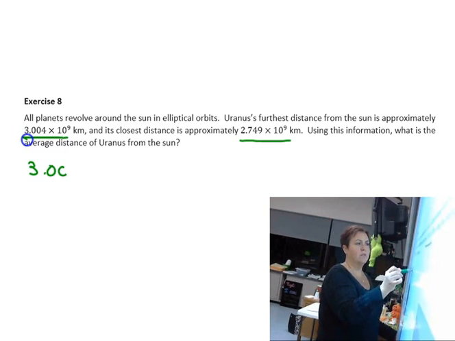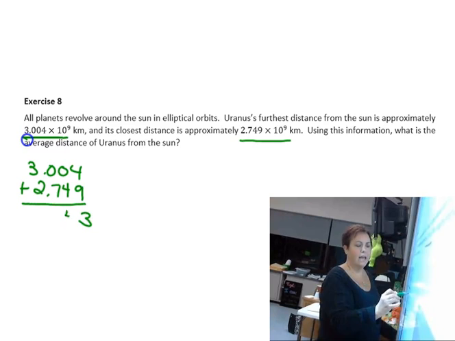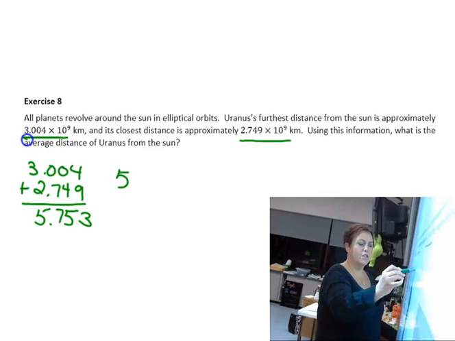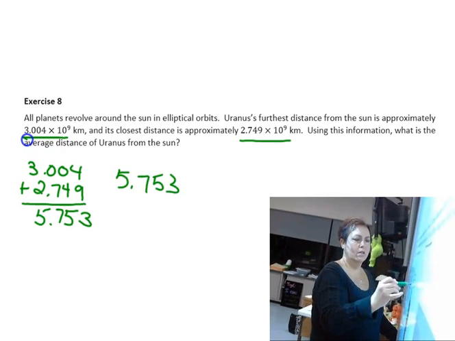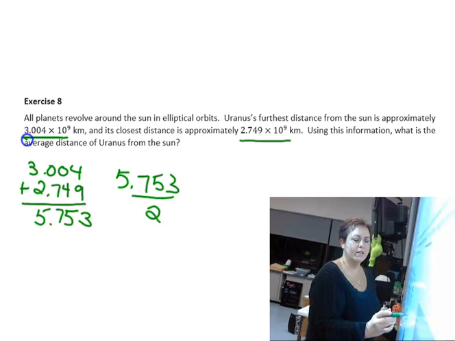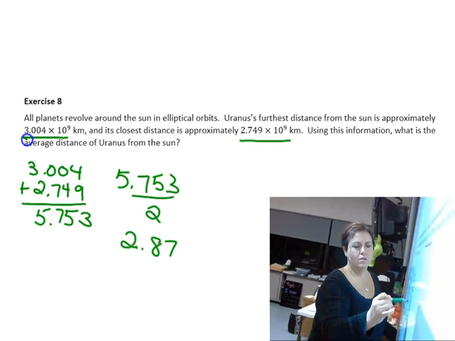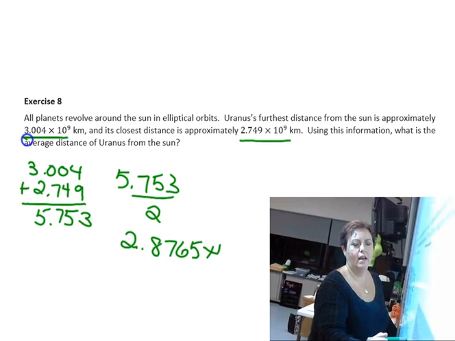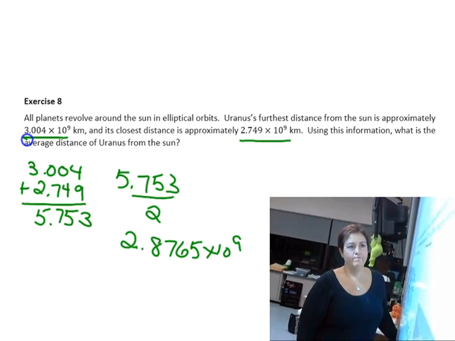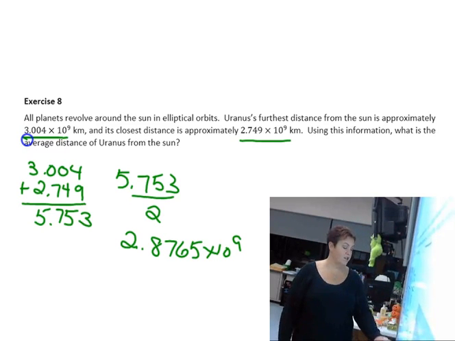So 3.004 plus 2.749. Add those together. Then I have to divide that by 2. So 2 goes into 5 2 times, 7, 8, 7, 6, 5, and then we add in our 10 to the 9th. We also reviewed a little bit of how to do averages as well.